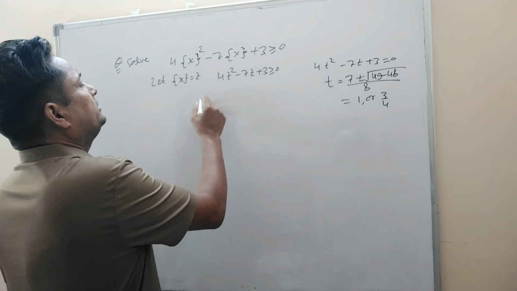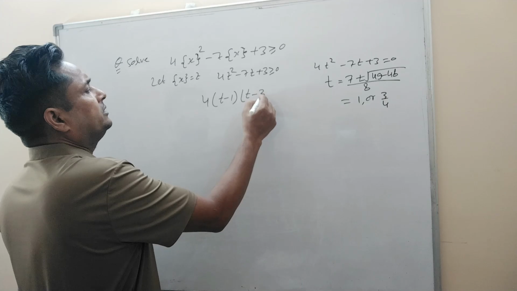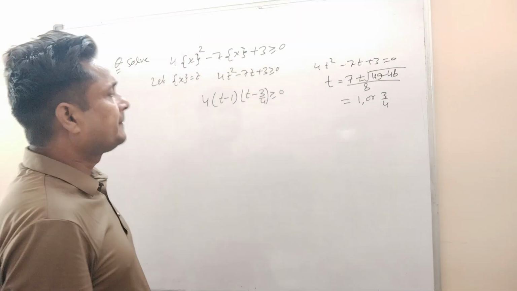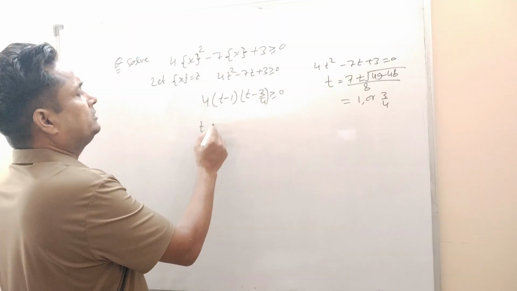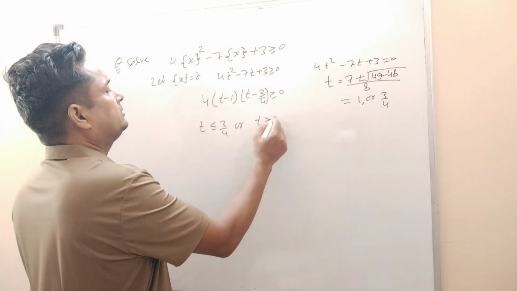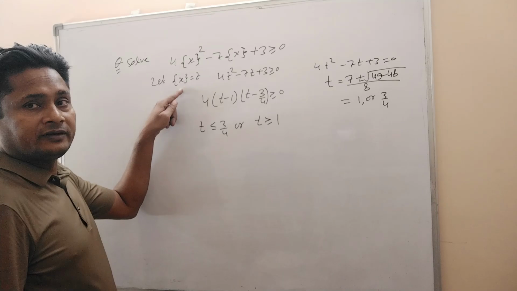So this can be written as 4 times (t minus 1) into (t minus 3/4) greater than or equal to 0. Now what will be the solution of this one? t will be less than or equal to 3/4 or t greater than or equal to 1. What is the value of t? It is {x}.